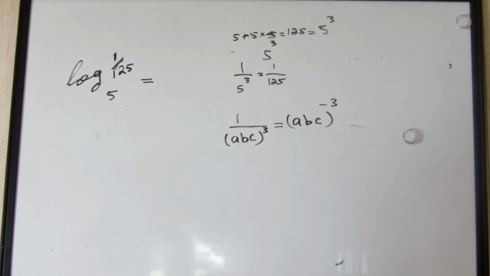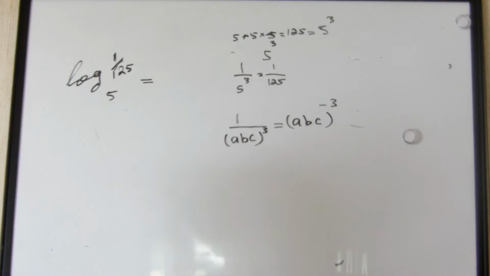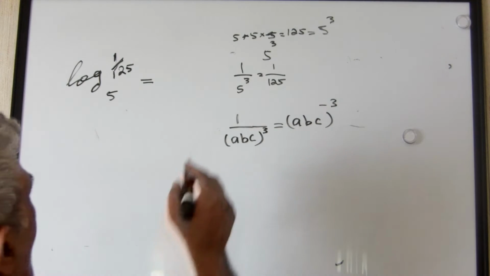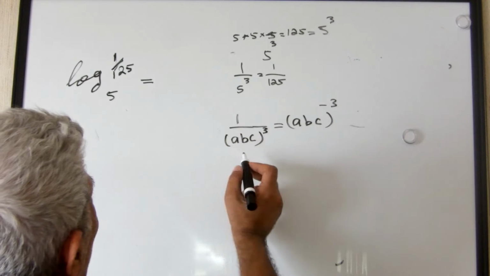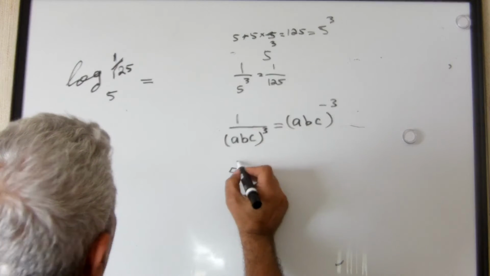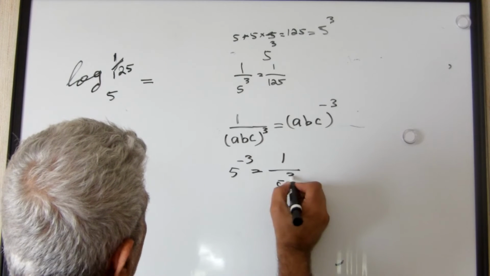These are variables, it could be any number. I'm just giving you an example. So actually, if we have 5 to the power of -3, it is equal to 1 over 5 to the power of 3.